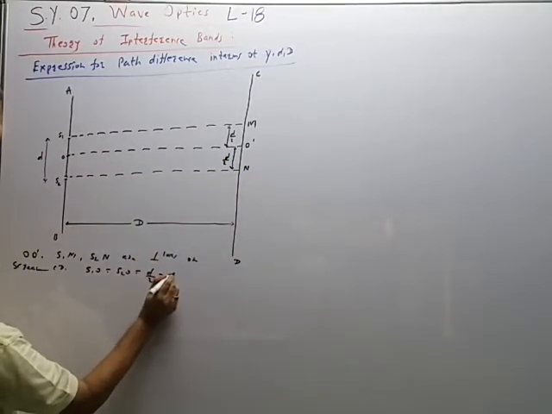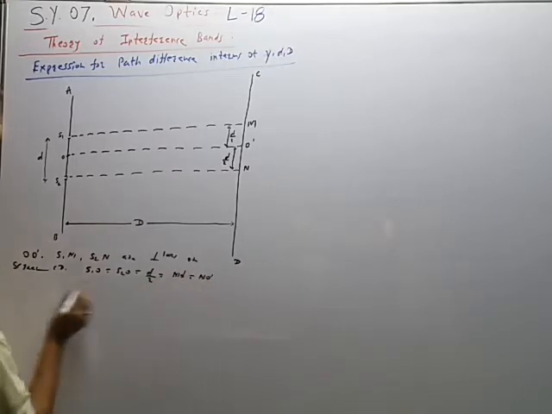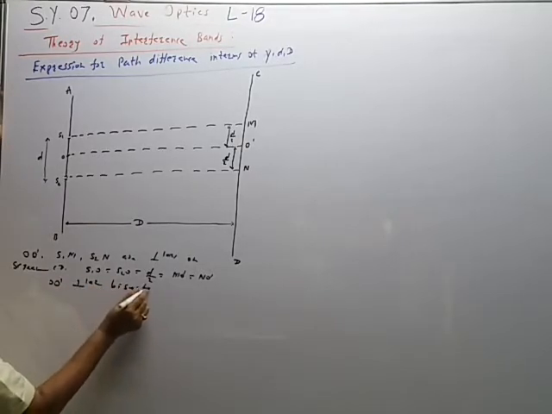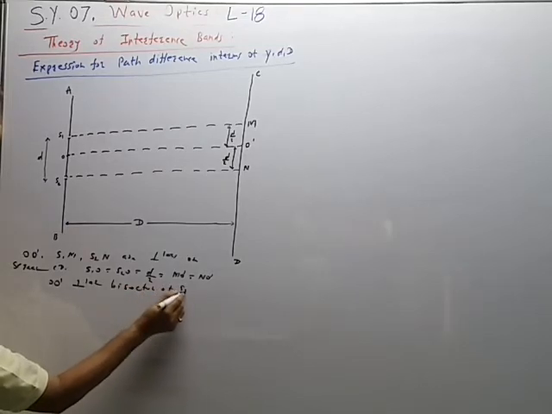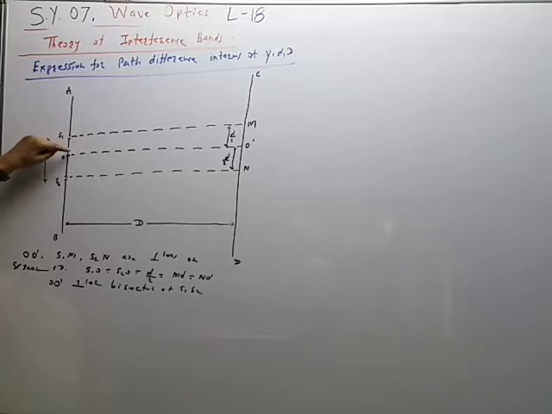So this is also MO' is equal to NO'. So O' is a perpendicular bisector of S1S2, and this perpendicular bisector means this angle is 90 degrees.